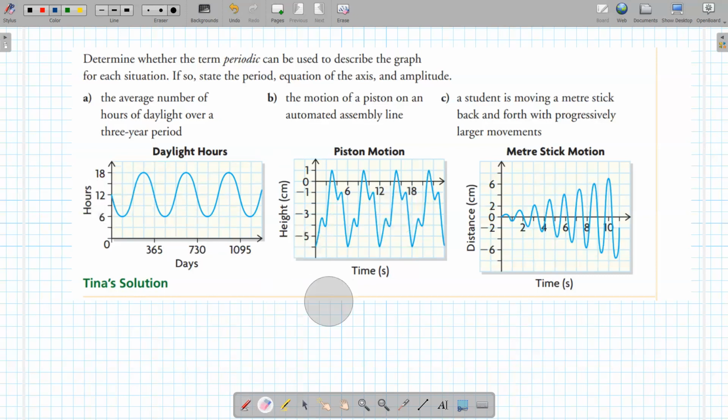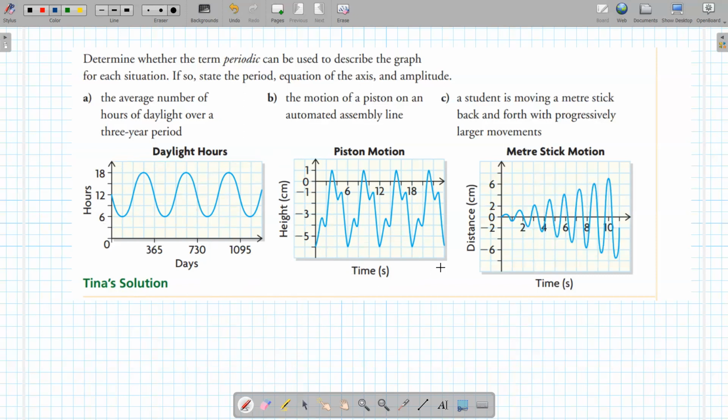Periodic. What about C? Is that periodic? No, it's not. Why not? It changes, right? What could this be an example of?